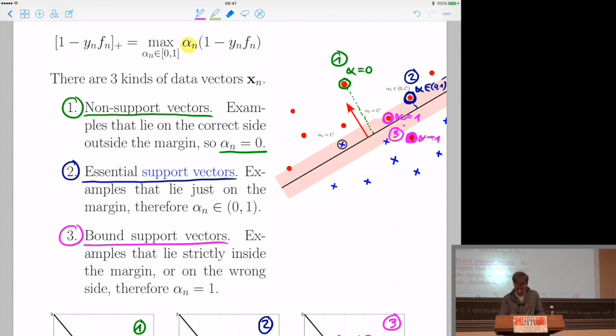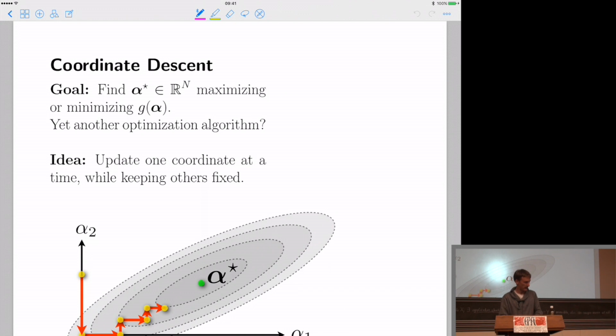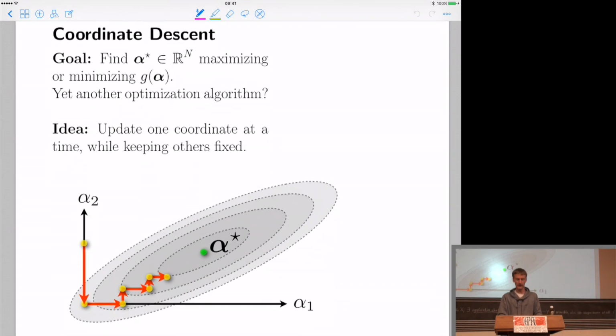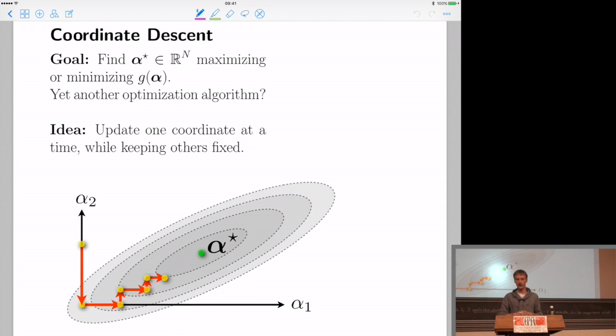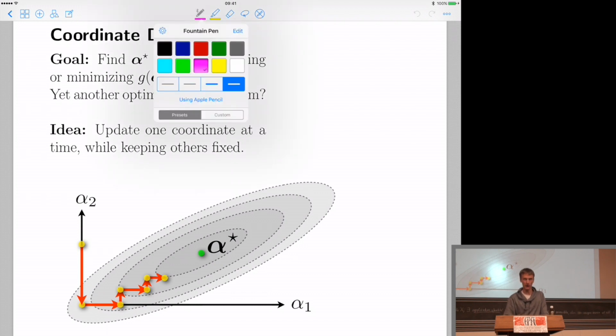All right, so we are almost done. We have 2 minutes, that's perfect. So what's the algorithm? As I said, it's basically described in 2 words, right? How are we optimizing this problem now? It's very easy. You fix all alphas except 1.